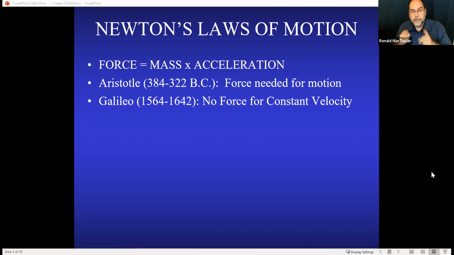And so maybe, just maybe, the natural state of motion for an object is moving at constant velocity. And there's this thing called friction that causes it to slow down and stop. But that's another force. That friction force is causing it to slow down and stop.